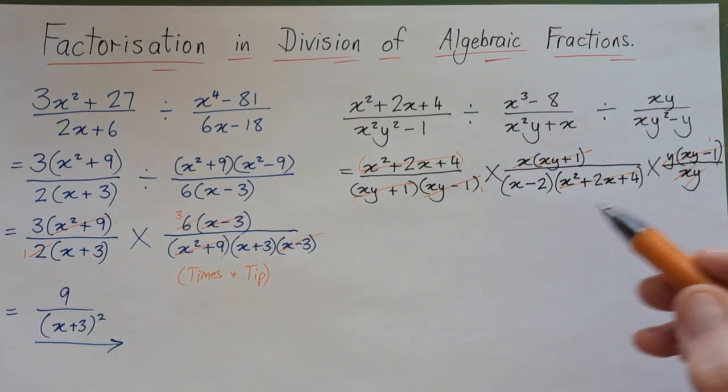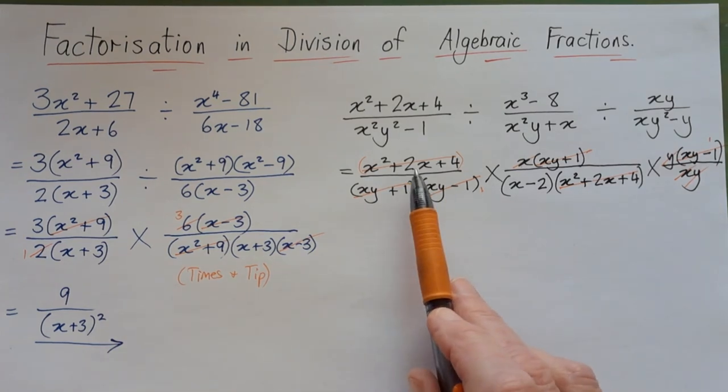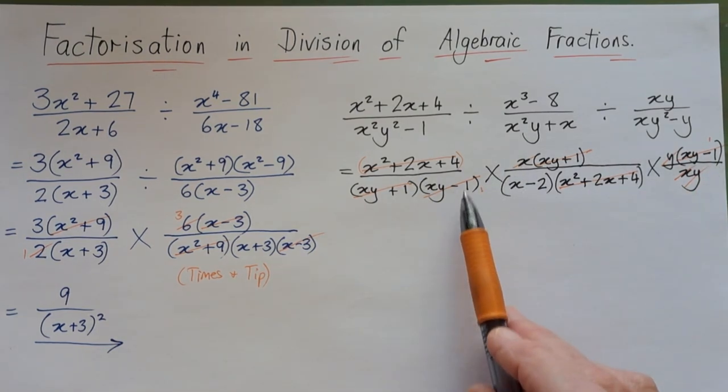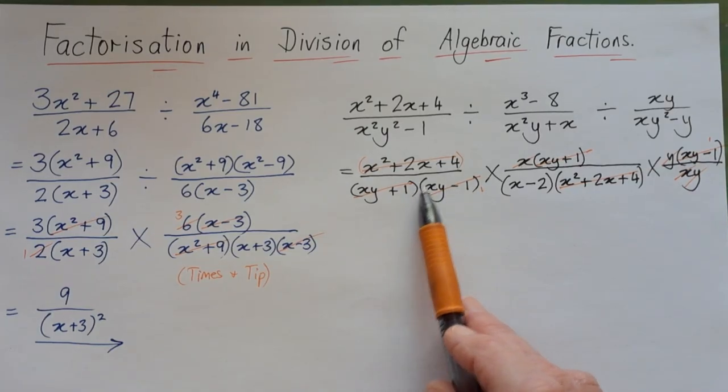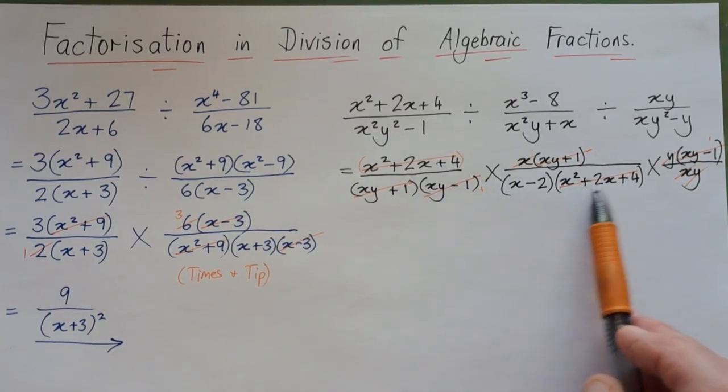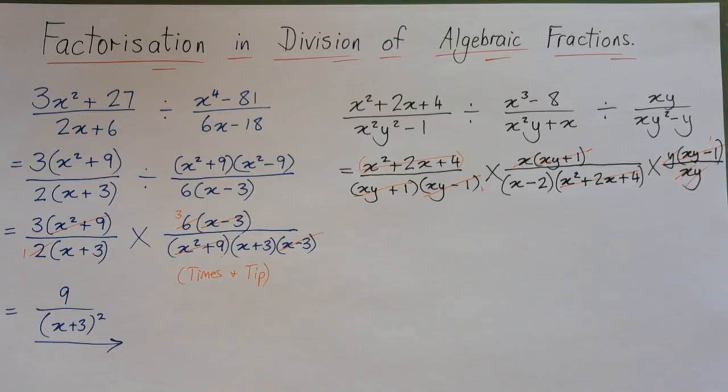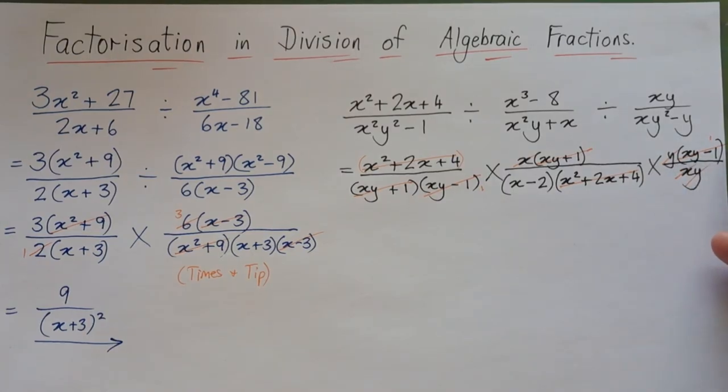And remember, the reason I'm able to cancel is because everything is being multiplied or divided. And that's why I've created numerators and denominators with multiplication signs in the numerators and the denominators. So when everything is cancelled at the top, don't think you're left with nothing, because remember what I said here. Xy minus 1 goes into itself once.